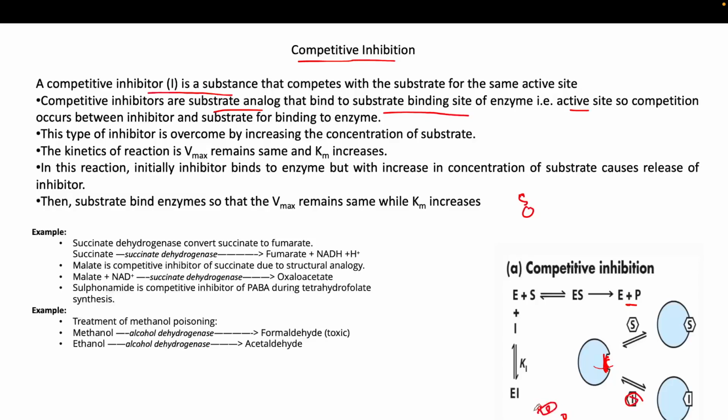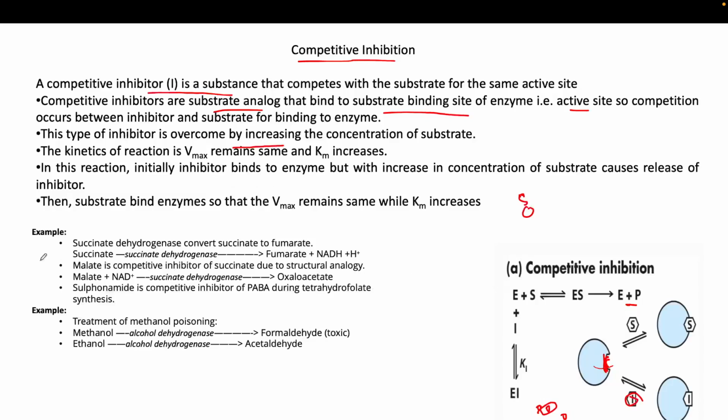So in the medium, if the substrate concentration is higher, then it will obviously be more competitive than the inhibitor to bind with this active site. That's why it is a reversible binding, which can be overcome by increasing the concentration of substrate. So that is called competitive inhibition.